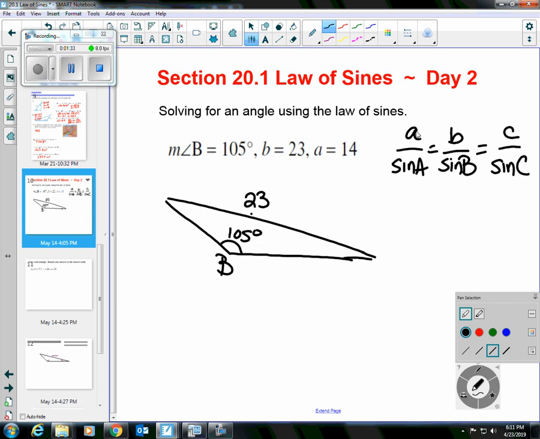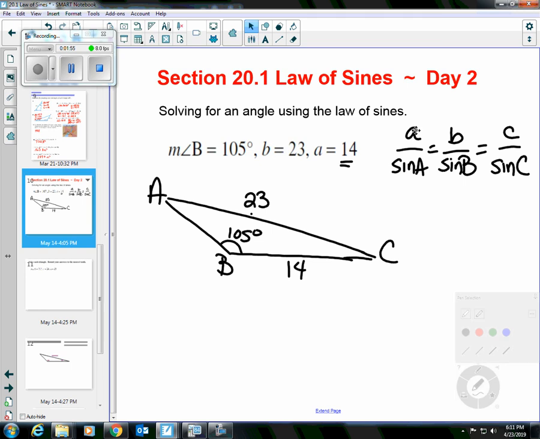Then we're going to have our angle A and our angle C. It doesn't really matter for the picture how we label these, so I'll just call this one A, then B, and then C. We just have to make sure we get our side lengths in the right spot. So little a is 14. That means across the triangle from A is 14.